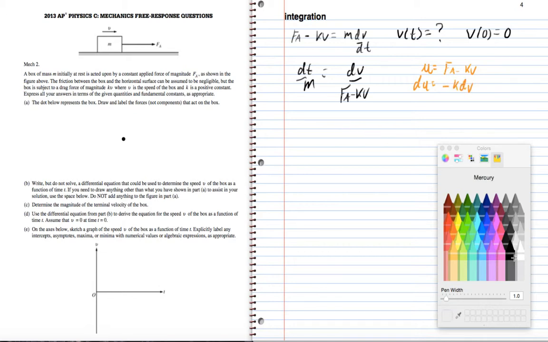I can now make that substitution. Let me just put some integral signs in there so this looks a little bit more like calculus class. So let's put our substituted stuff into the equation. So I'm going to have here negative du over k, you'll need to sit with that algebra and figure it out if you haven't already, times 1 over u with an integral sign equals the integral of dt over m.